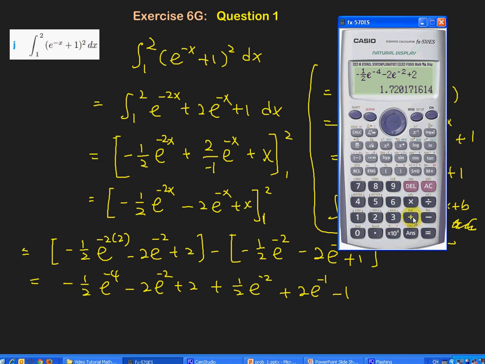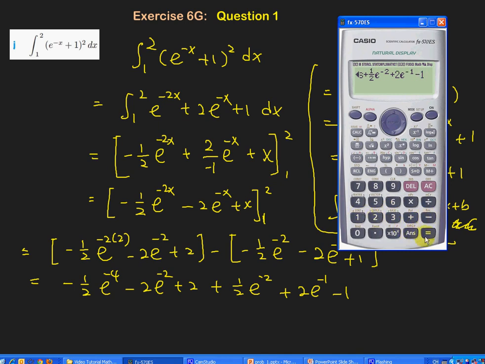So plus, we'll continue from here, e to negative 2, and plus 2 e to the power of negative 1 and minus 1.